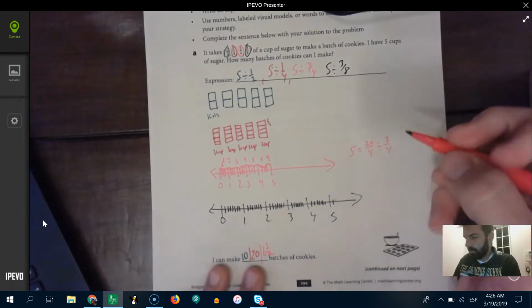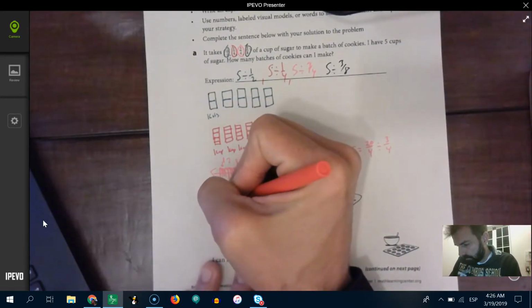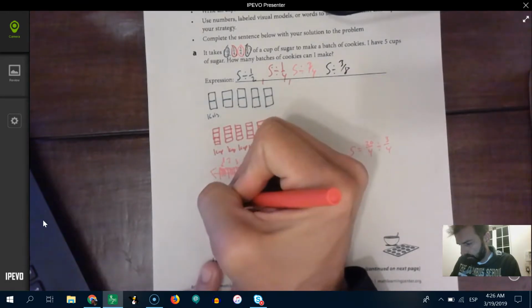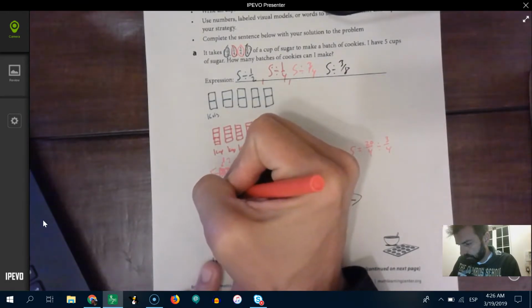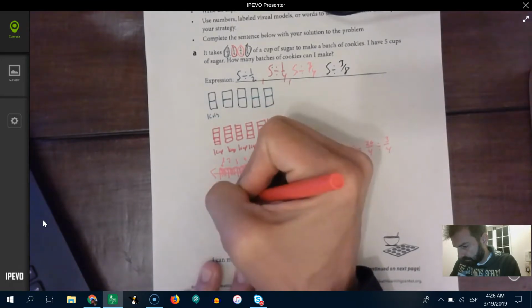So we're looking for 3/8. If I go 1, 2, 3, that's 3/8. And that's 1.